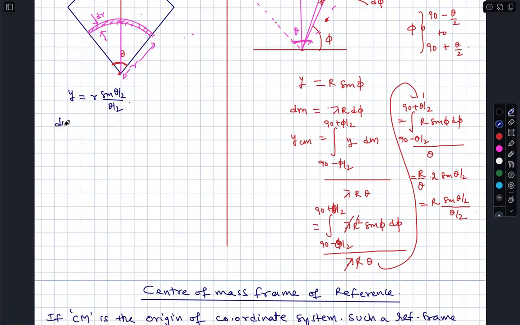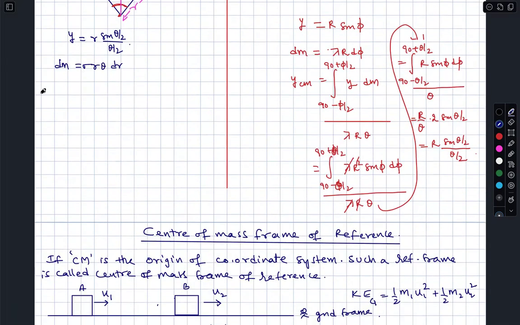Now what is dm? dm is sigma r theta dr. Right. Now I am taking y center of mass. y center of mass is y dm by mass dm. So remember, this is 0 to capital R. In this, sine theta by 2 by theta by 2 is a constant. Nothing to do with that.